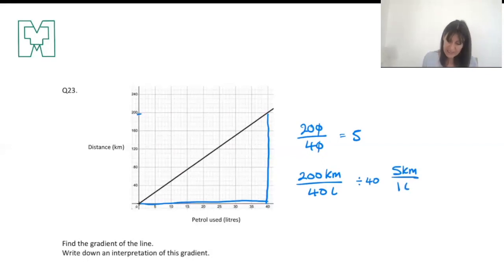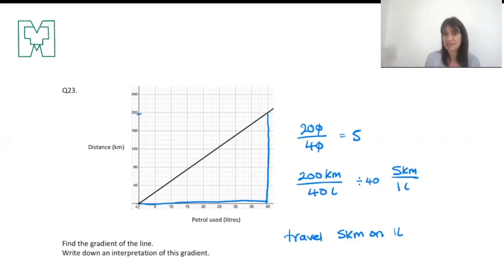So an interpretation would be that you can travel 5 kilometers on 1 liter.